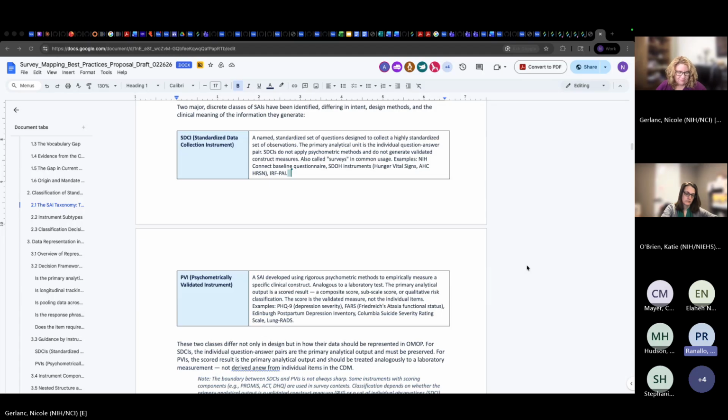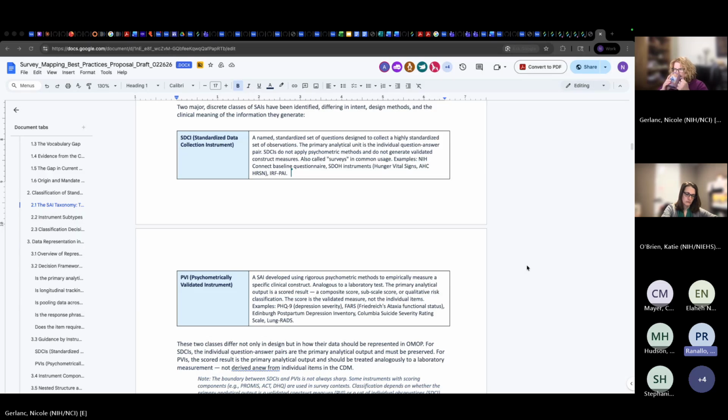A psychometrically validated assessment is designed specifically to measure some clinical phenomena like depression, anxiety, risk of fall or pressure ulcer. And so the most important element there is the score, because the score yields a metric.